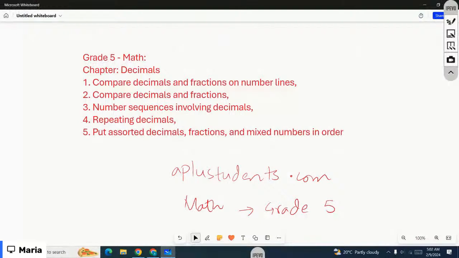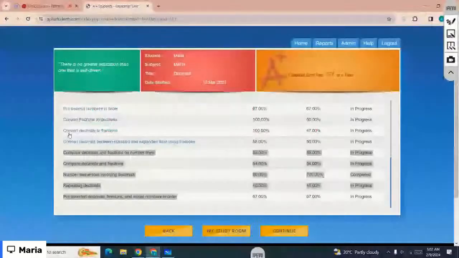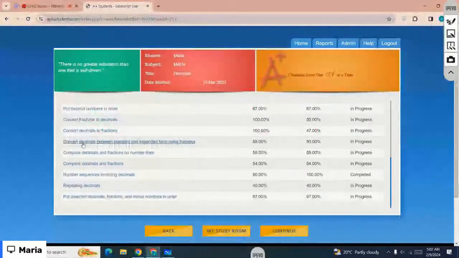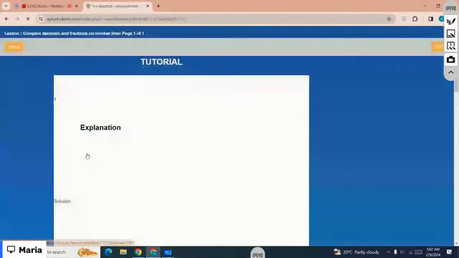Let's just start with the lesson. Please make sure you have your notebook and pencil so that you can note down the important examples and definitions as well. So the first lesson is compare decimals and fractions on number line.